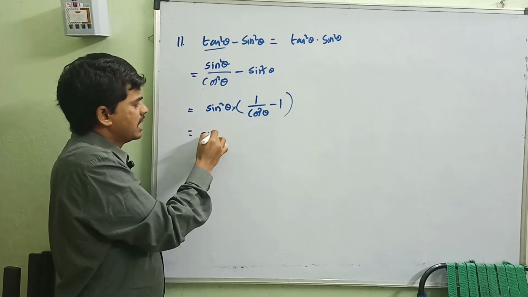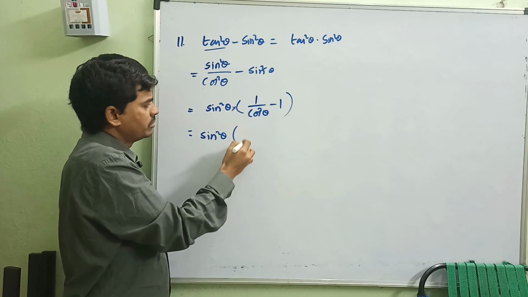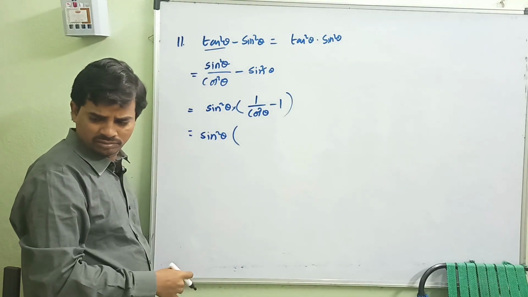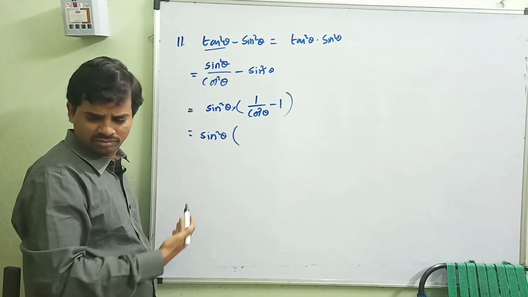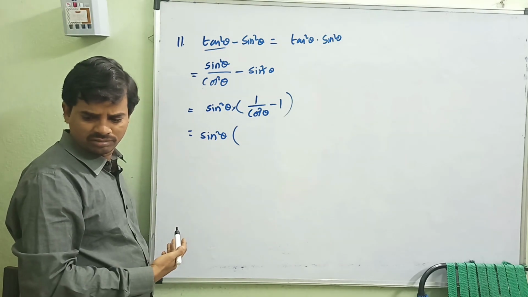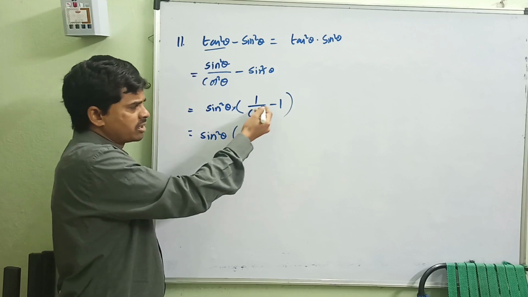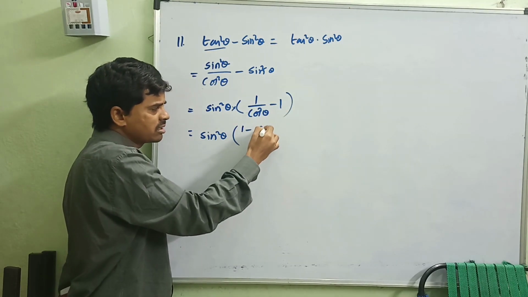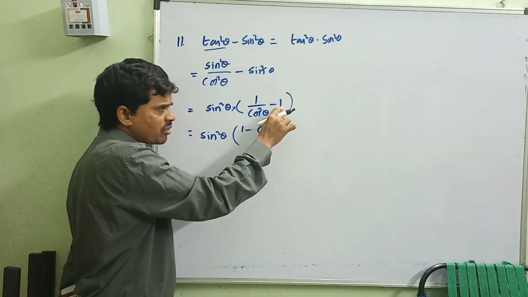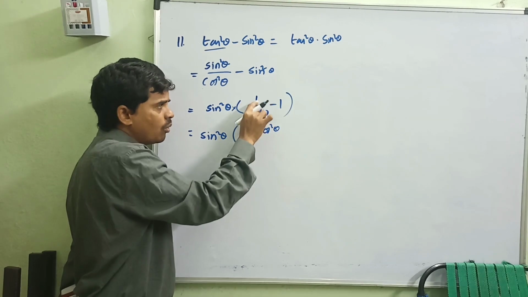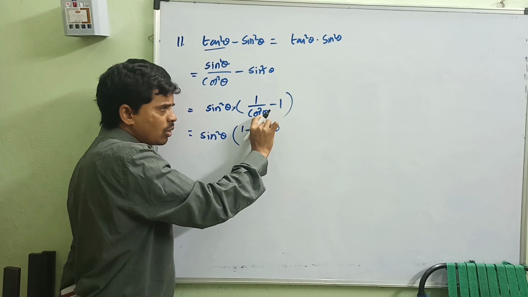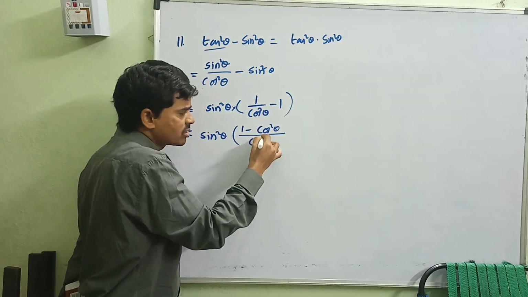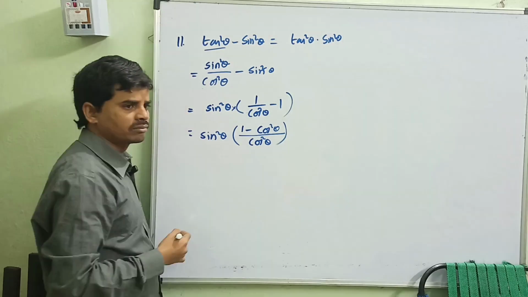Next, sin square theta into, let us do the LCM here. Let us do my simplification here. 1 by cos square theta minus 1 we can write as 1 minus cos square theta by cos square theta.